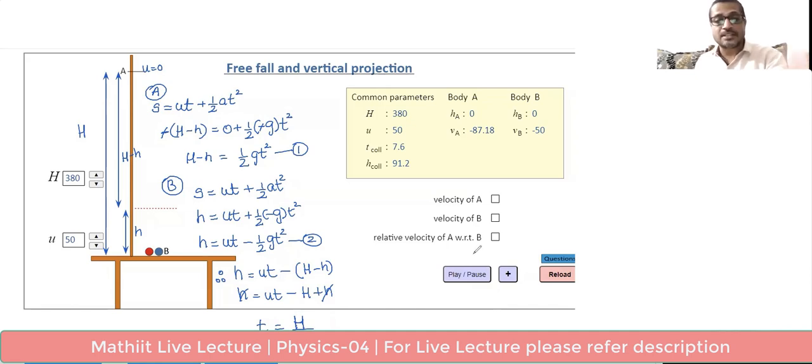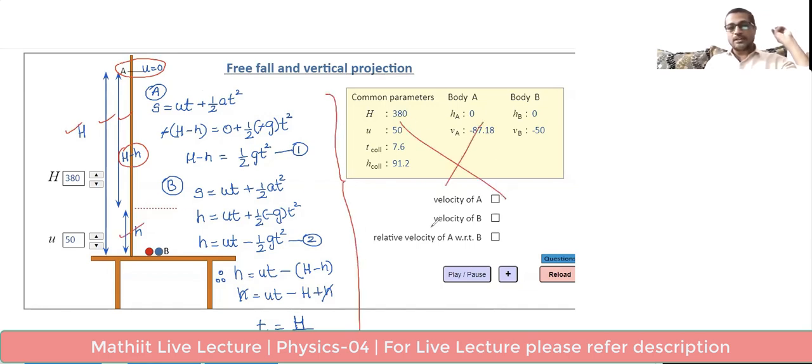But first write this down in your notes. You need not draw the table and all that. Just indicate whatever I have indicated here. This one, this one, this, and the equations. All these equations. The rest of the content is to be observed from the simulation.